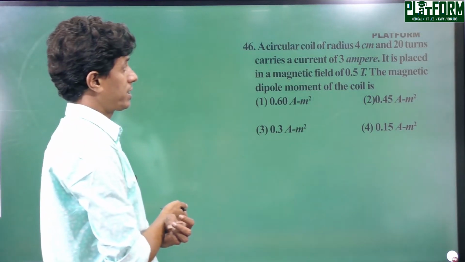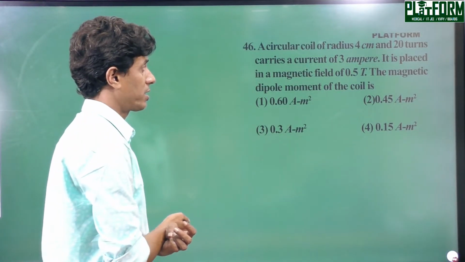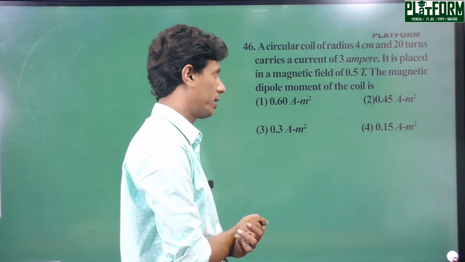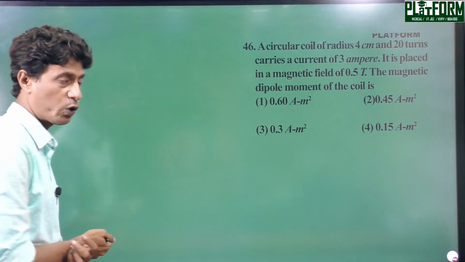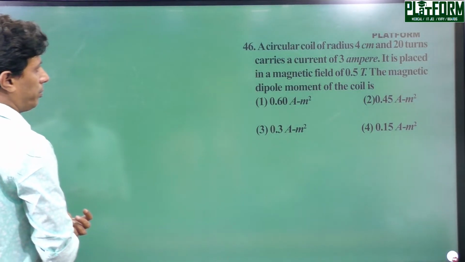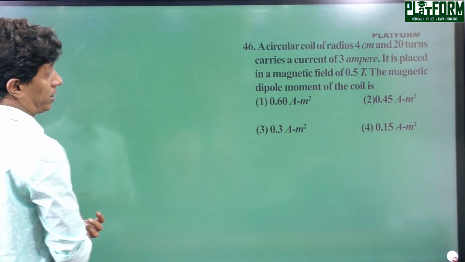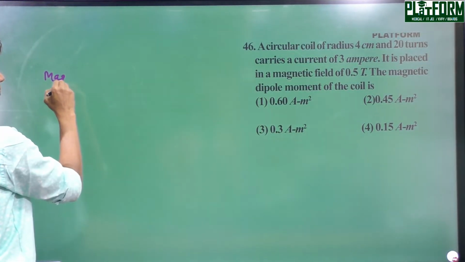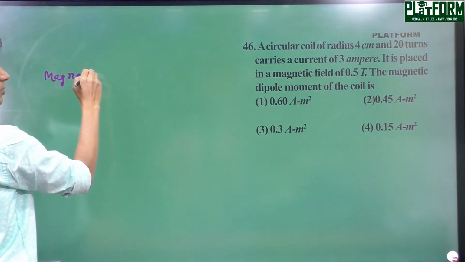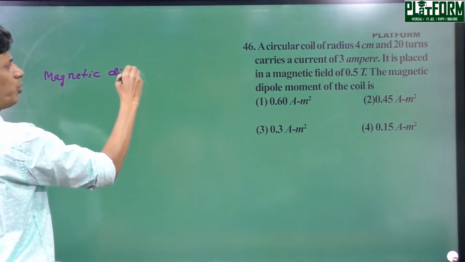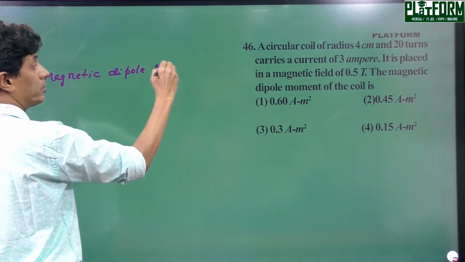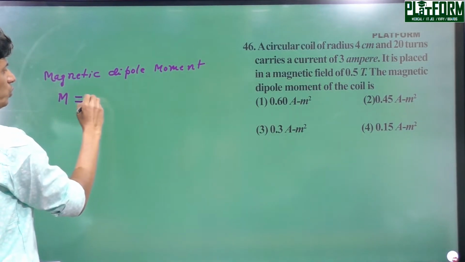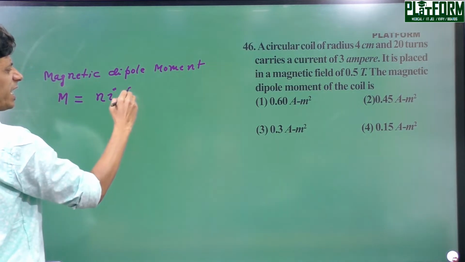Question number 46. A circular coil of radius 4 cm, 20 turns, carrying current 3 ampere, is placed in a magnetic field of 0.5 Tesla. Find the magnetic dipole moment of the coil. The magnetic dipole moment M is equal to NIA.